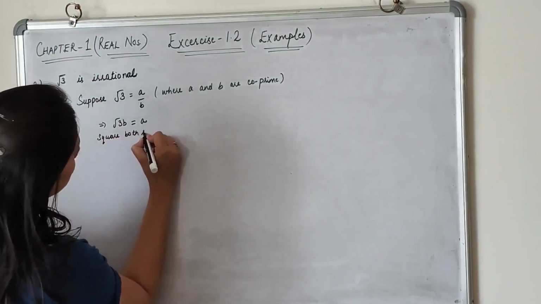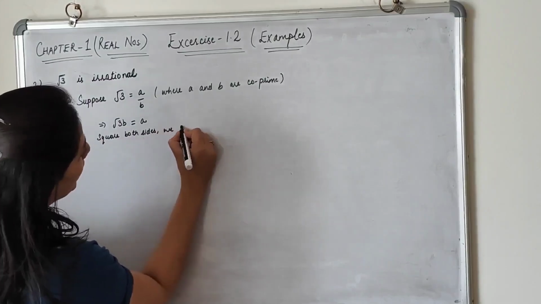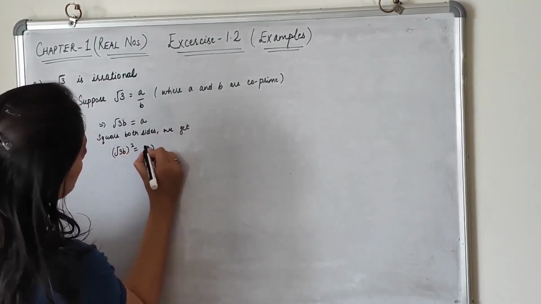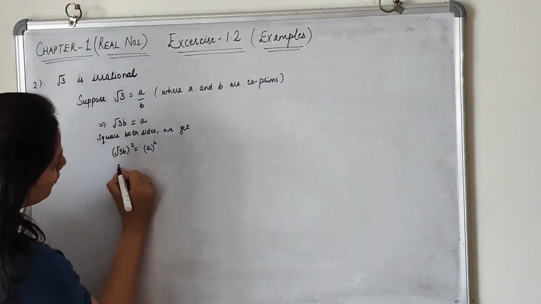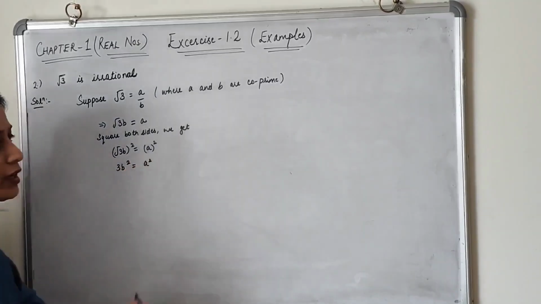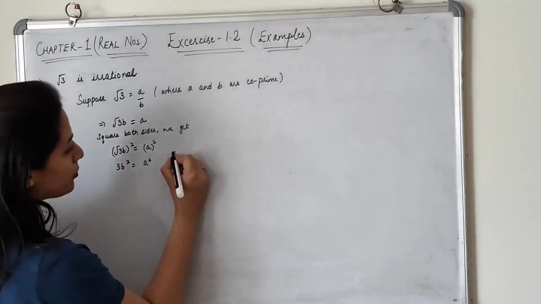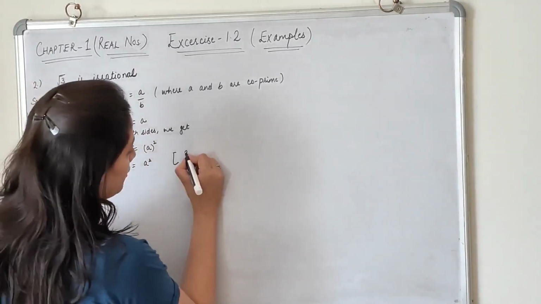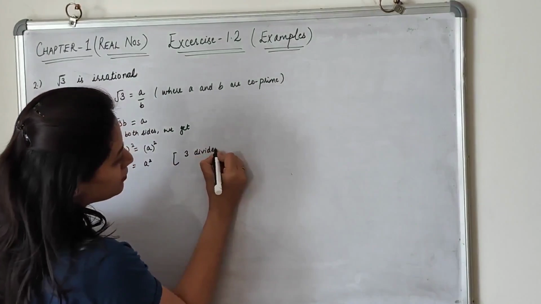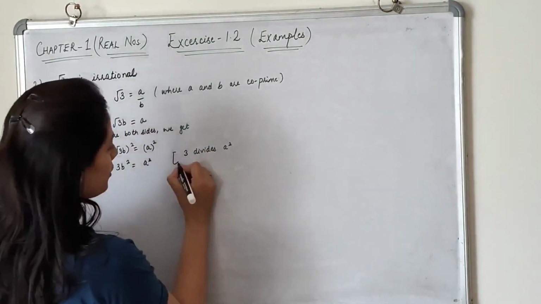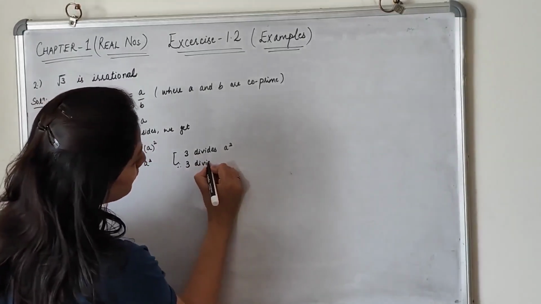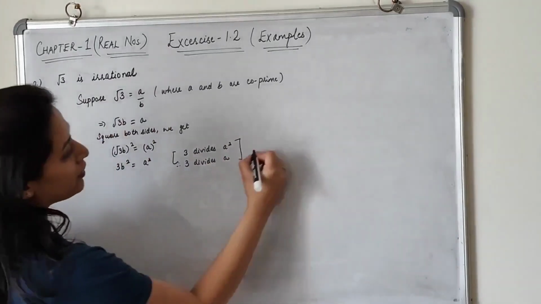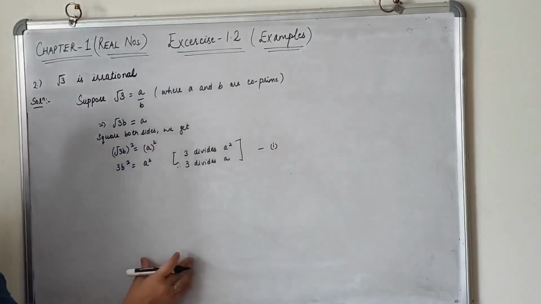Square both sides, we get 3b square is equal to a square. So what you observe from this equation is a square is divisible by 3. 3 divides a square, therefore 3 divides a. Make it first equation.